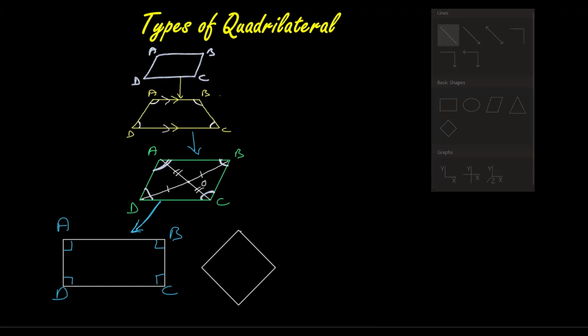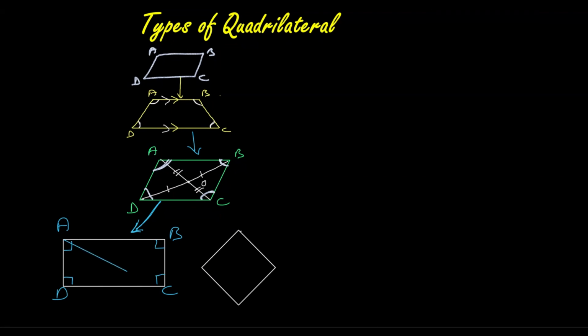And further, the diagonals not only bisect each other, but they are equal in length. That means the length of AC will be equal to BD. AC is equal to BD.